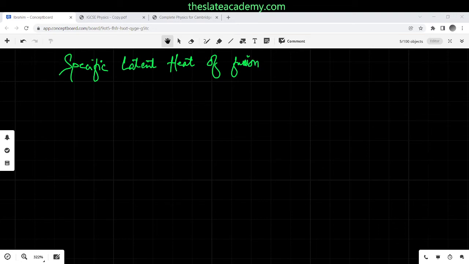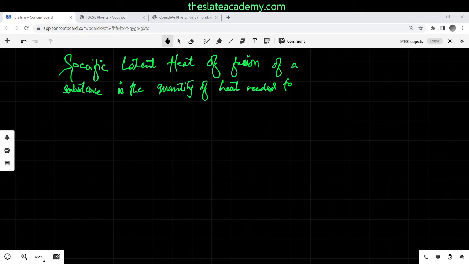So specific latent heat of fusion of a substance is the quantity of heat needed to change unit mass from solid to liquid without temperature change.